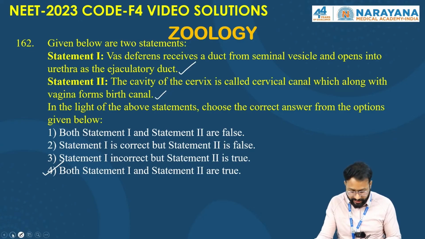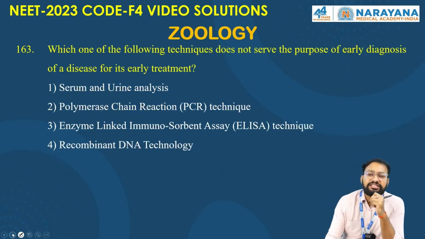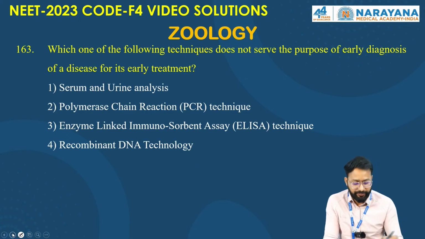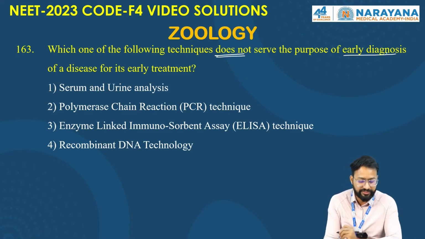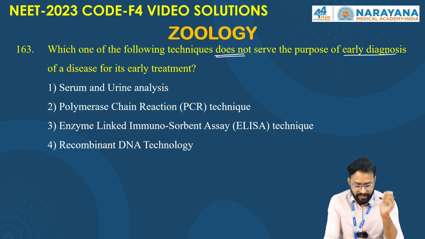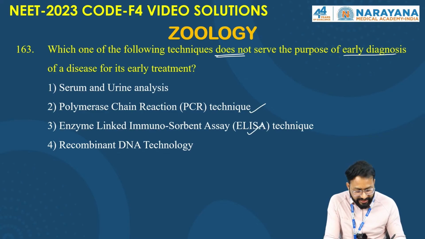Okay. Next, question number 163. It is related to the applications of biotechnology. Which one of the following techniques does not serve the purpose of early diagnosis of a disease, for its early treatment? Early diagnosis can be done with the help of modern techniques: PCR, ELISA, as well as rDNA technology.